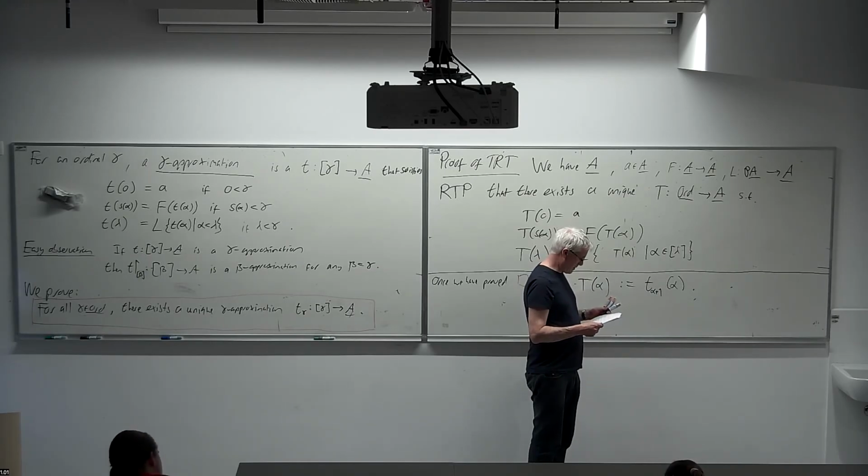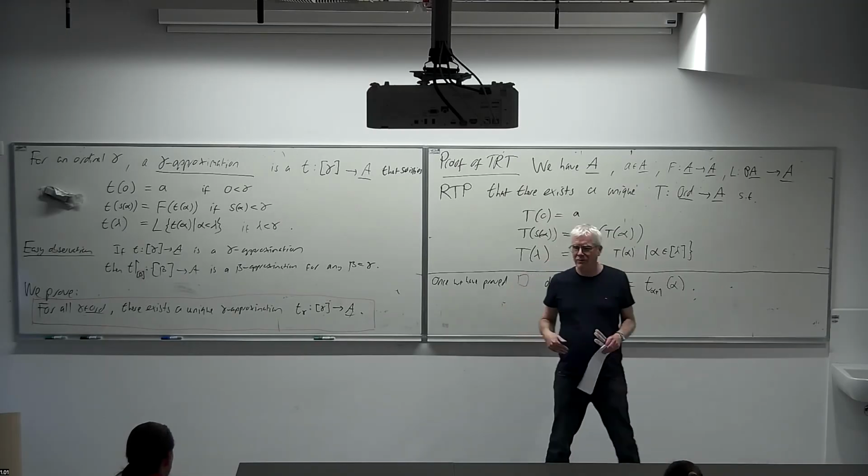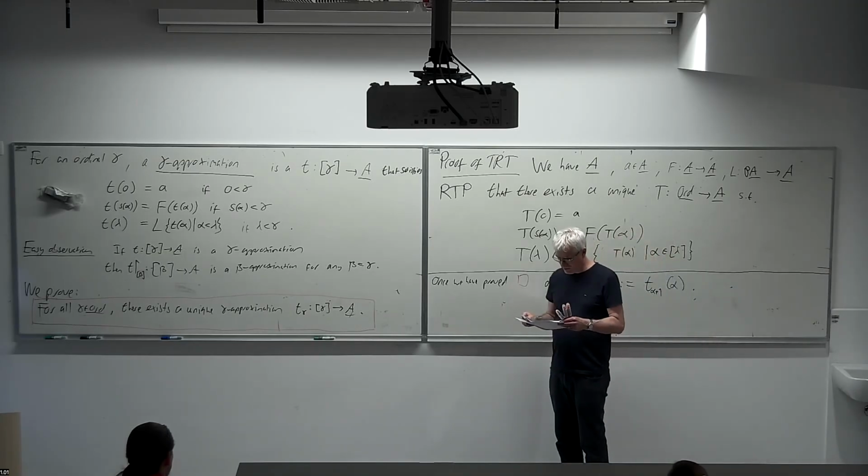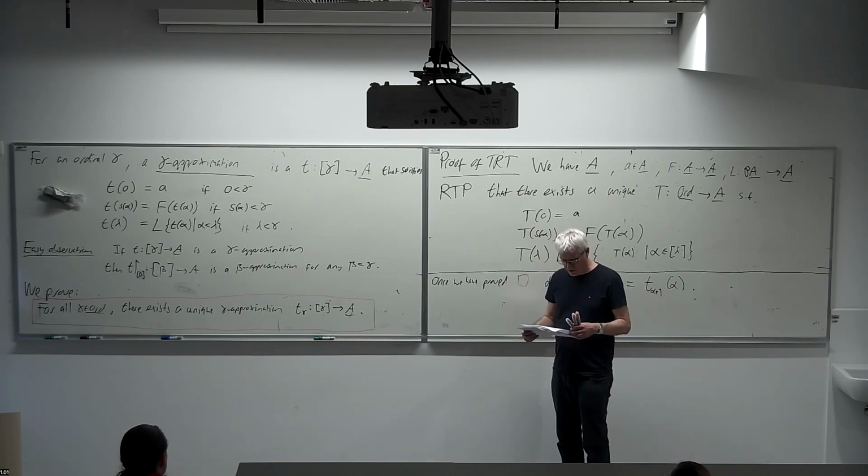In the notes, for the case gamma equals 0, we use the 0-step limit form of transfinite induction. The case for gamma equals 0 is 1 line. The step case is 1 page and 2 lines.